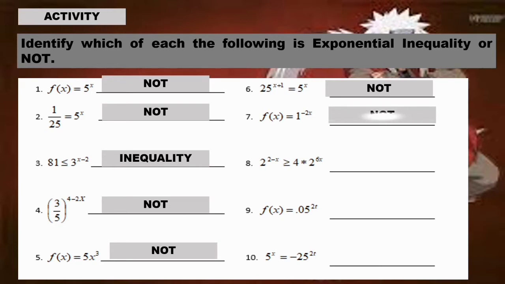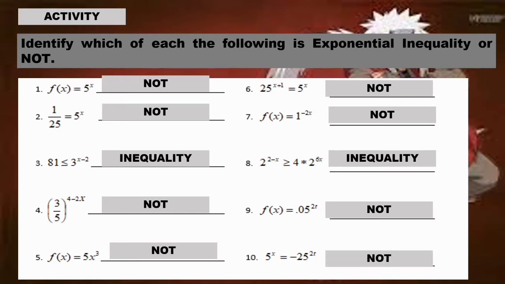Not. 8. Okay, very good. It's an inequality. 9. Okay, not. And lastly, number 10. Okay, also not an example of an exponential inequality. So, at least alam na natin mag-identify what is an exponential inequality.